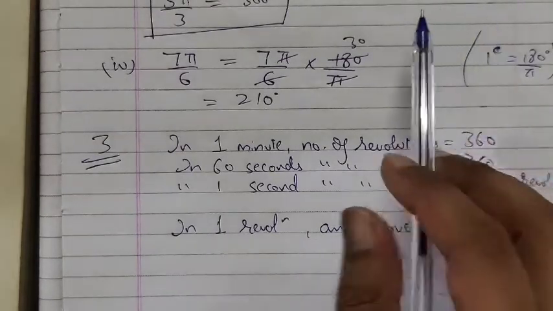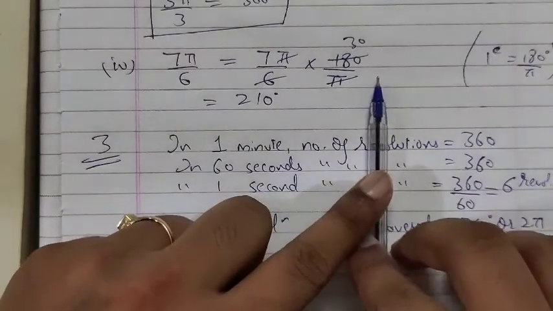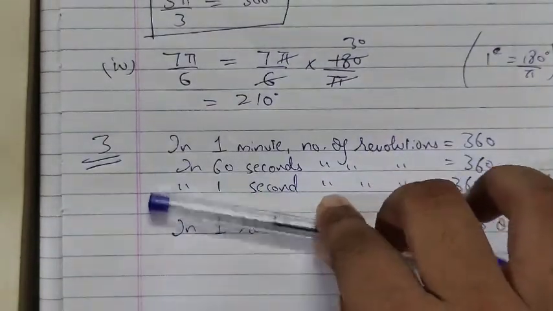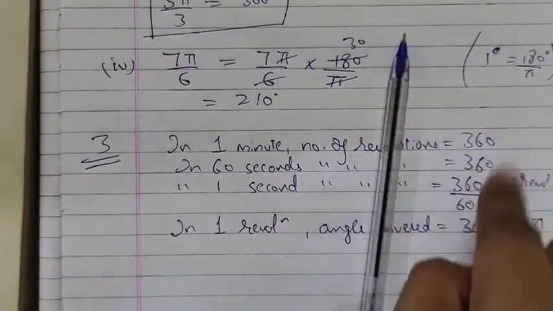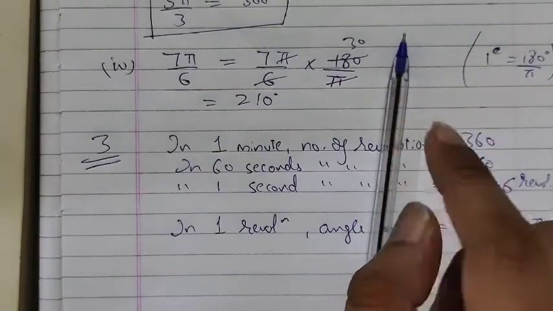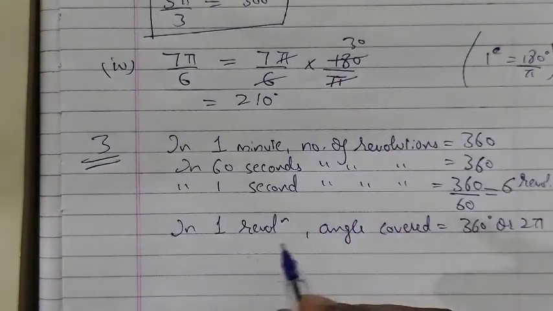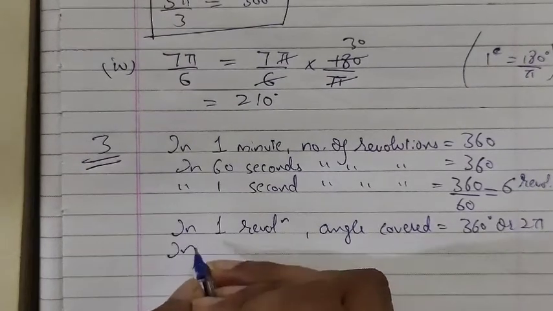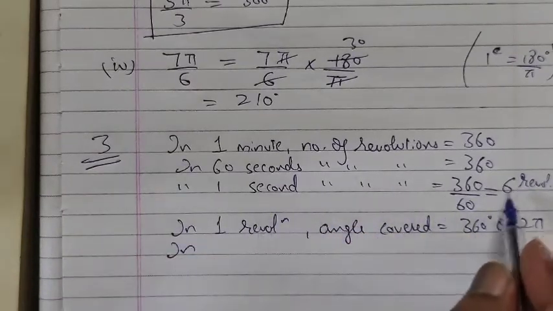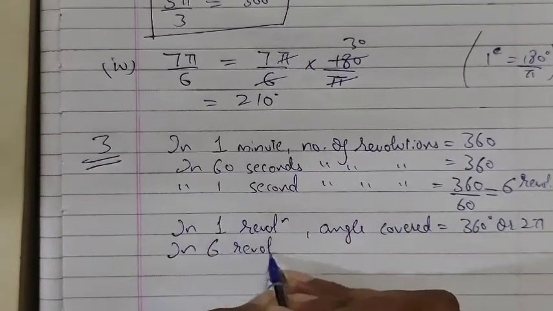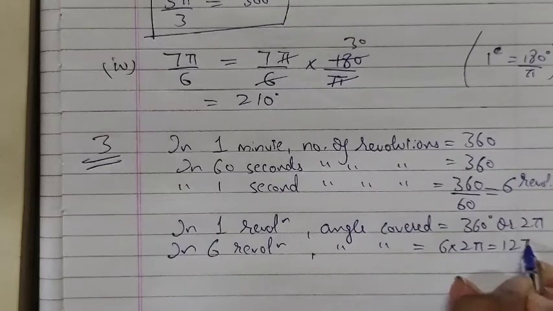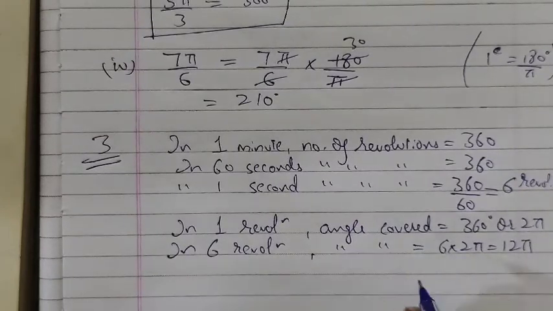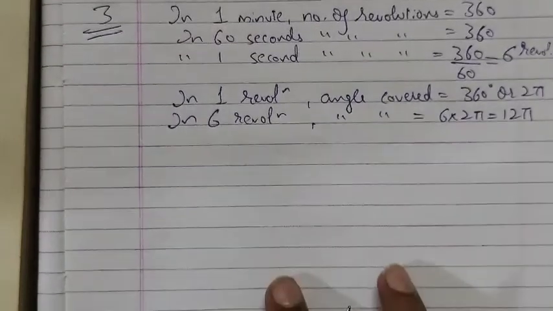You can see simply, if I revolve this pen, this is 180 degrees, and again if I turn it 180 degrees, so in one complete revolution it turns 360 degrees, or 2 pi. So in 6 revolutions, the angle covered is 6 multiplied by 2 pi, which is 12 pi. So the answer is 12 pi, right? We have used the unitary method in this.